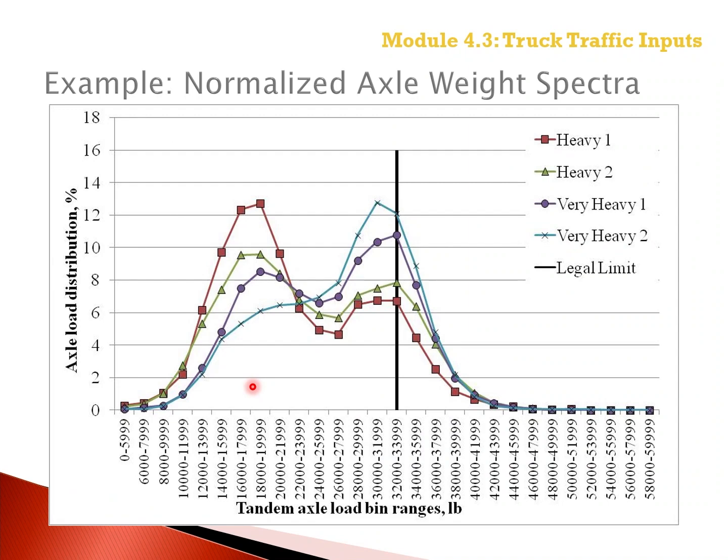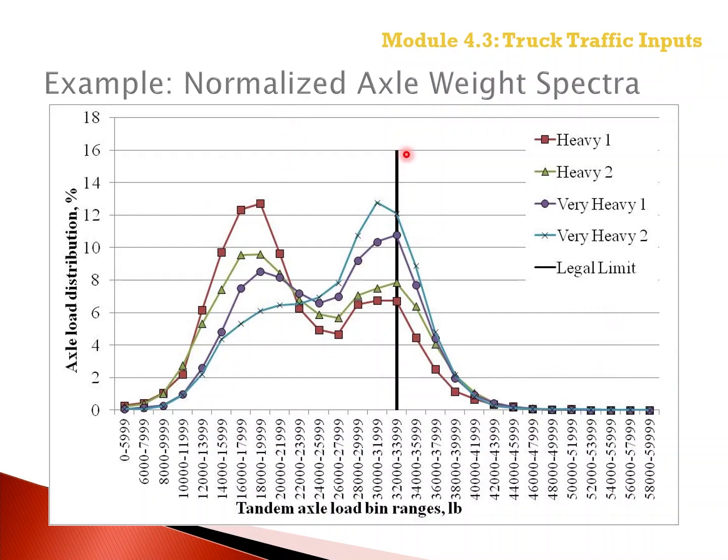So this is an example for the normal axle load distribution for tandem axles developed for a specific agency for use in design. These axle load spectra are the agency's default normal axle load spectra in comparison to the tandem axle legal load limit.